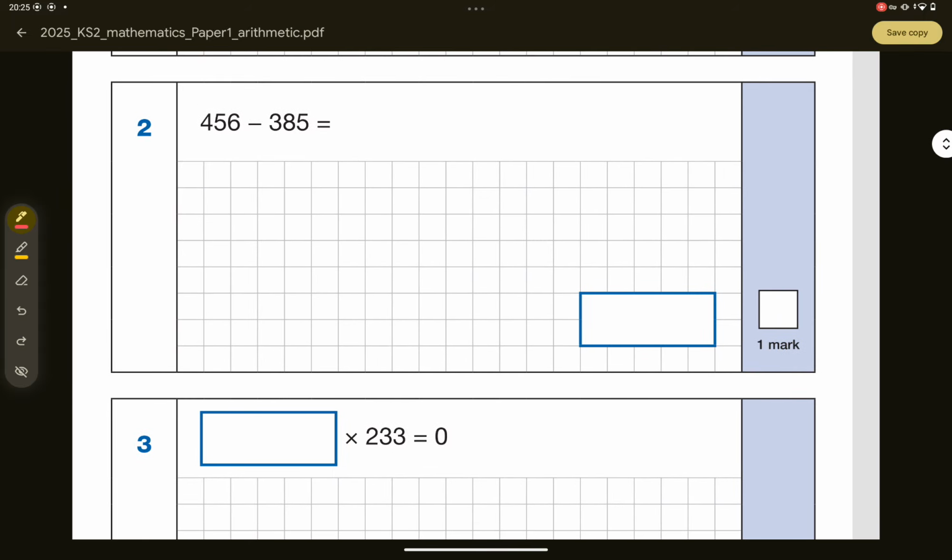2,456 plus 385. You can do this mentally by rounding these numbers to the nearest 10, or you can just do the column method. I'm sorry for my messy handwriting.